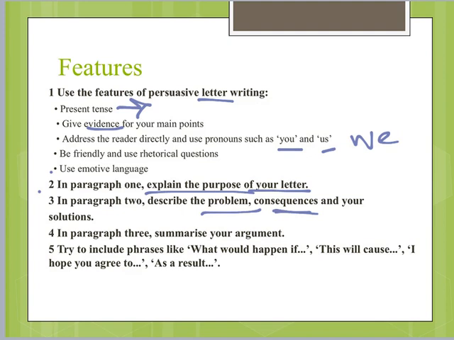And your solutions. Maybe your solution is going to be something to compromise, or to tell me, you can take the break from us, but don't take the PE, or take the PE but don't take the break either. Compromise. Try to find a better solution. In paragraph 3, summarize your argument. So summarize all the problem, consequences, and solutions in fewer words. And of course, in paragraph 2, you're going to use facts.